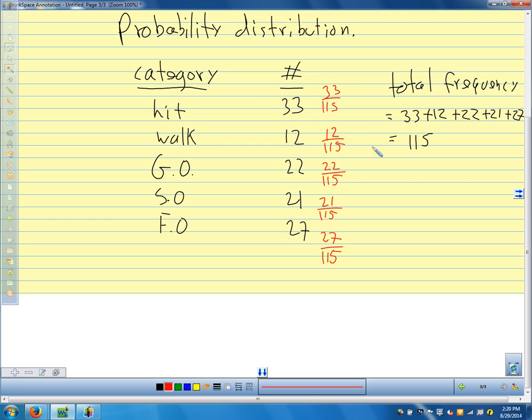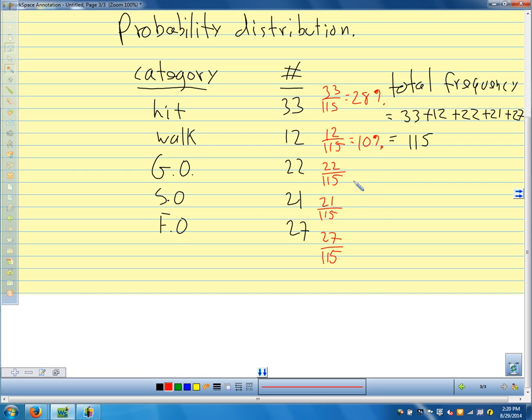Anybody have their calculator out and can tell me what these are as percentages? Okay. And are you rounding up to the whole number? Yeah.